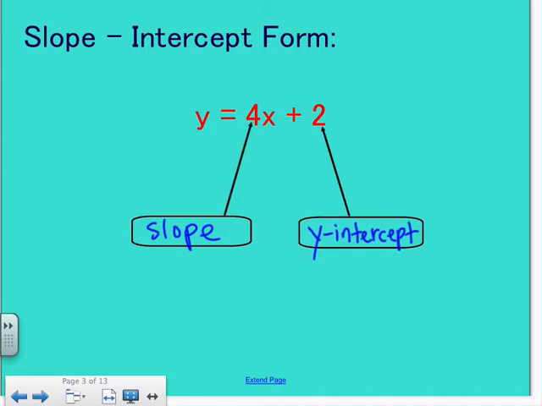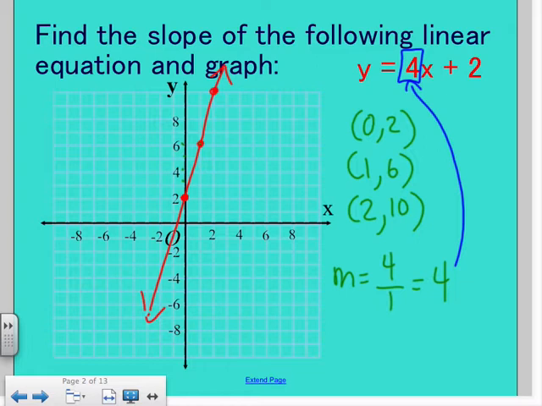Like if you intercept a ball or something in a sport game, it means you get it. You cross the path and you get it, okay? And so you're crossing that path. So on here, our y-intercept is 2. You see that? Well, y-intercept is where it hits the y-axis. Look, it hits the y-axis at 2. So that is the y-intercept.